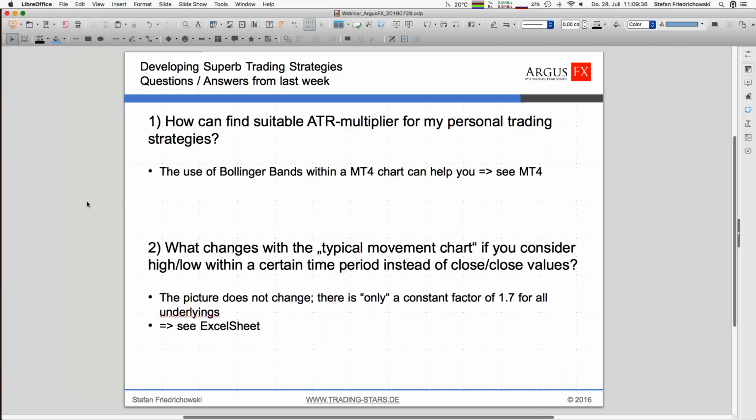And the other question has been that last week we had a look at what I call the typical movement of the market based on a certain time period, and what we calculated was the movement, for example, after 5 minutes, after 10 minutes, after 20 minutes, and I always doubled that number, so 40, 80, and so on.